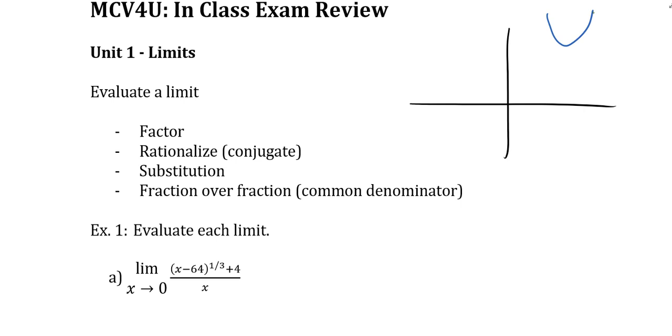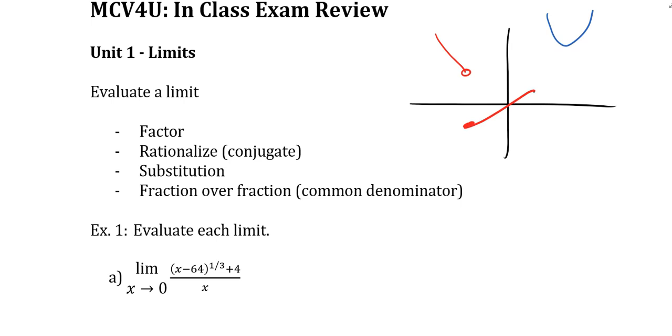It's continuous everywhere, so it's fine. Or we had a graph that might have been like this. It has a left-hand limit and a right-hand limit, but the limits are not equal, so it doesn't have a limit overall at that value. It would have limits at other values, but not at that value where there's a break in the graph. So that's what limits was all about.